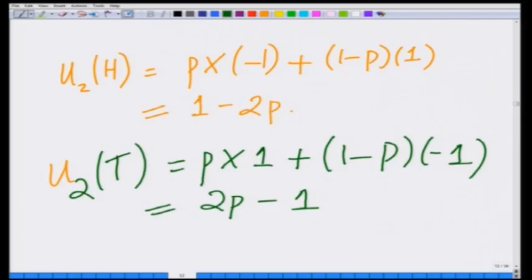If the payoff from heads, that is 1 minus 2p, is greater than the payoff from tails, then player 2 is always going to choose heads. Similarly, if the payoff from tails is greater than the payoff from heads, that is 2p minus 1 is greater than 1 minus 2p, then he is always going to choose tails.